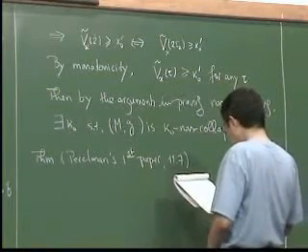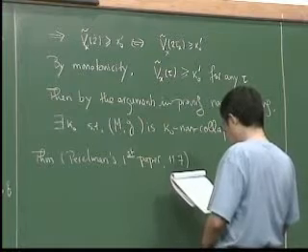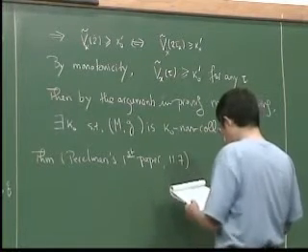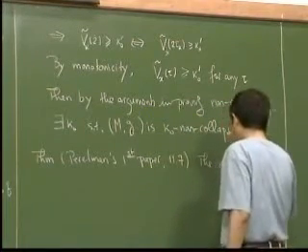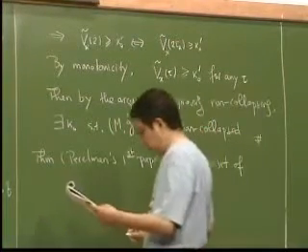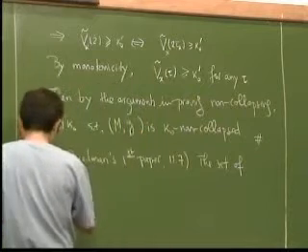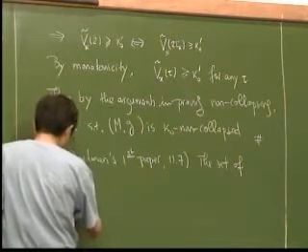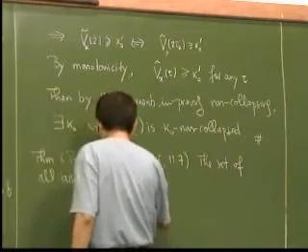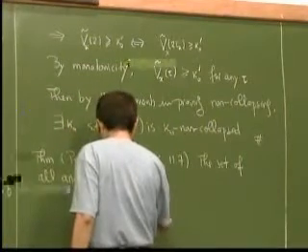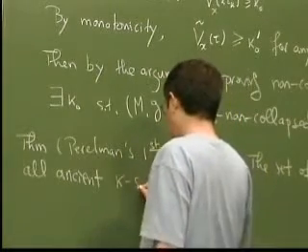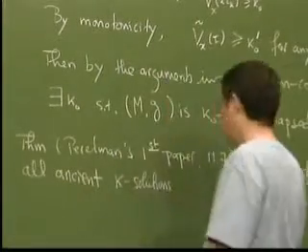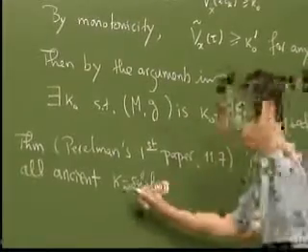So the set of all ancient kappa solutions for fixed kappa, okay? Or maybe I just say kappa 0.